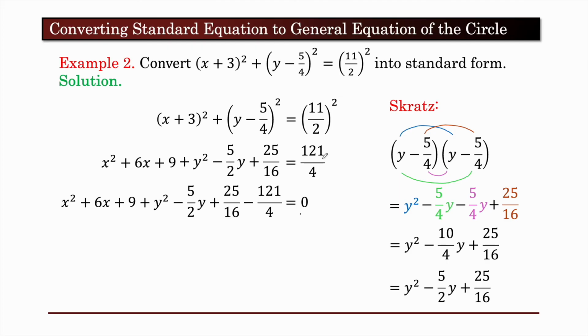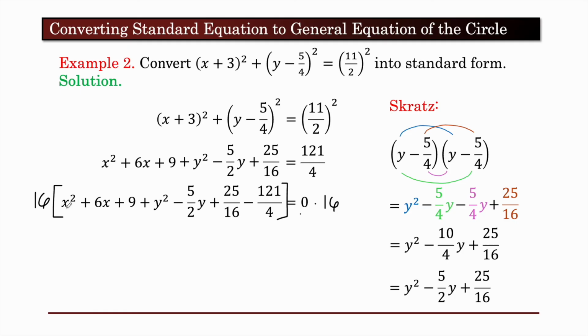Okay, so how do we do that? As you can see, we have 16 here. Okay, this is the largest denominator. To eliminate these denominators, we multiply by 16 on the left side, and then multiply by 16 on its right side.